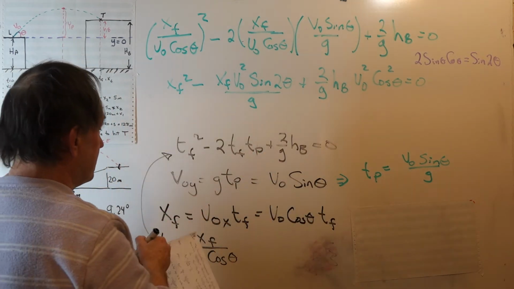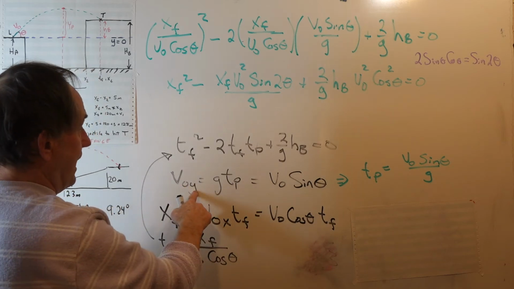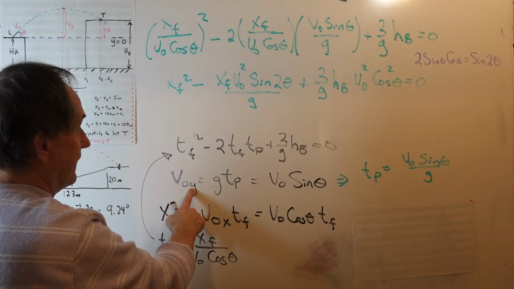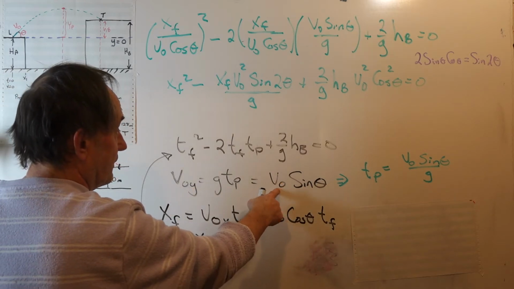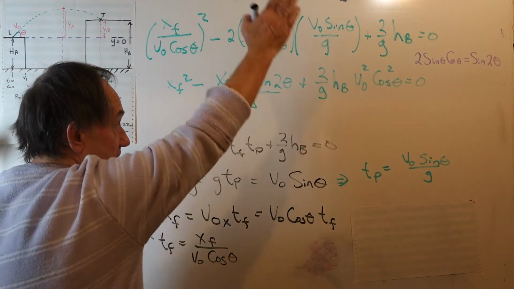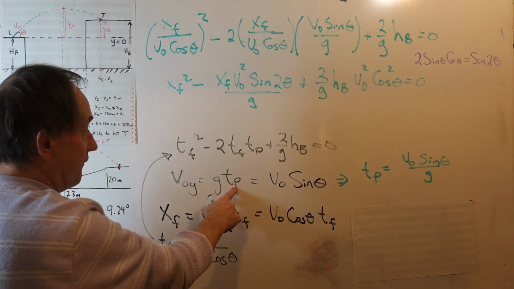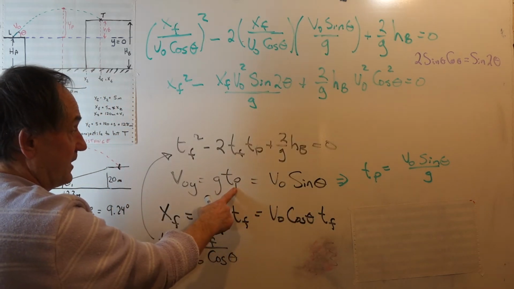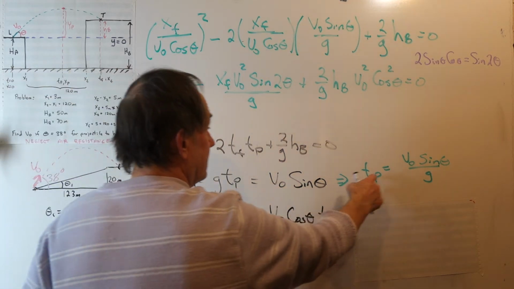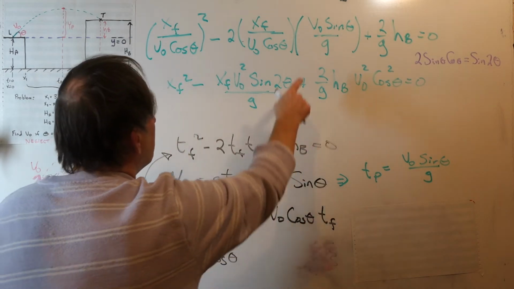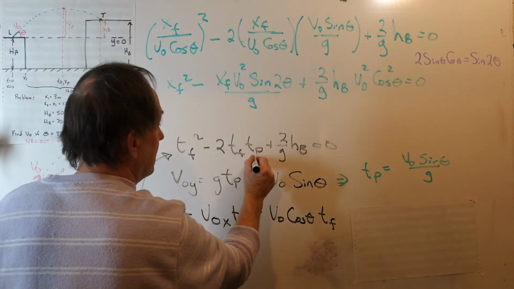remember we have this equation here, V0y is equal to g times t peak. Well, V0y is the total initial velocity that we're shooting the projectile out times sine theta. So if we solve for the time to the peak, t peak is V0 sine theta divided by g. So we put that in for t peak here.